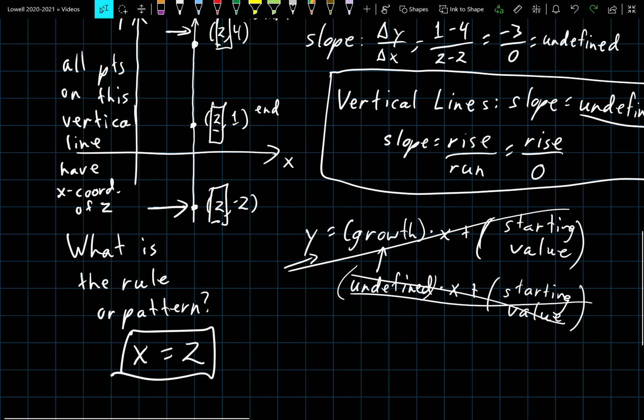Again, if you're starting on a line and you're going straight up and down vertically and not going anywhere horizontally, then all that stays the same is your x coordinate. And the y coordinate doesn't show up in this equation because you don't care what it is. The only thing that matters for you to be on this line is that your x coordinate is equal to 2. Hopefully that helped, and hopefully we can see how I can just get any equation for any line now, whether it's horizontal, vertical, or diagonal.